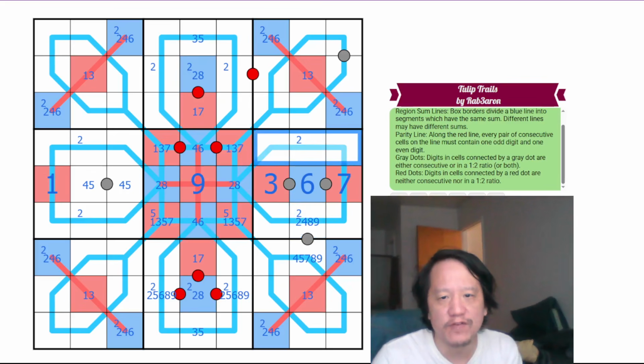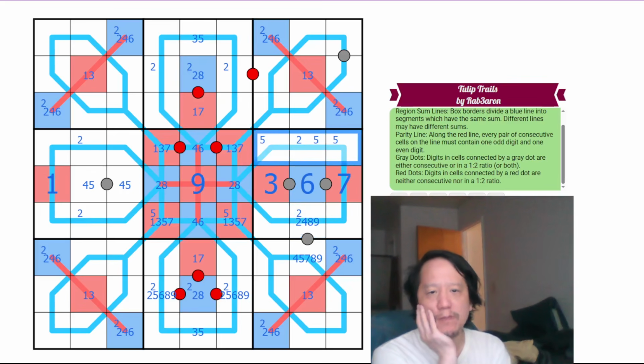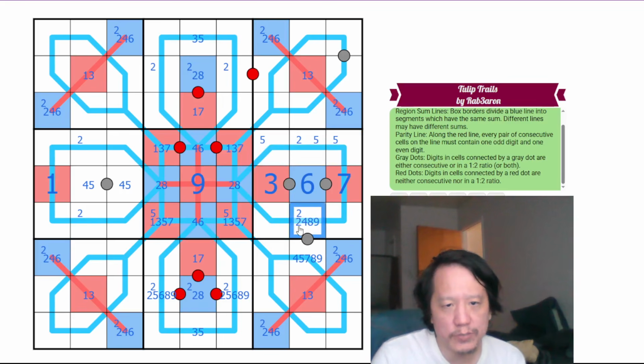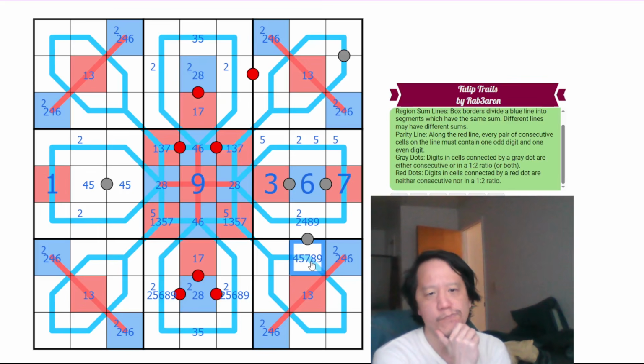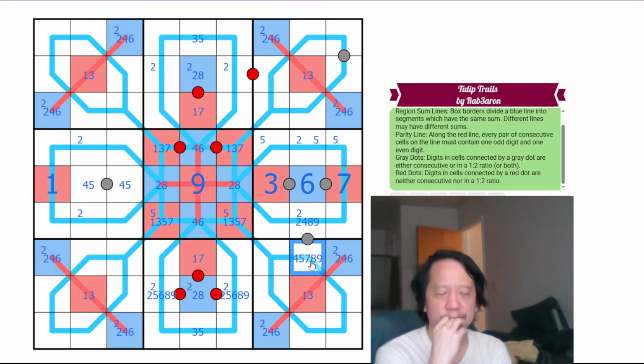So we know we have a 5 in one of those 3. 2 can be with 4 here. 4 can be with 5 or 8. 8 can be with 4, 7, or 9, and 9 can be with 8 here. So that's not very helpful.